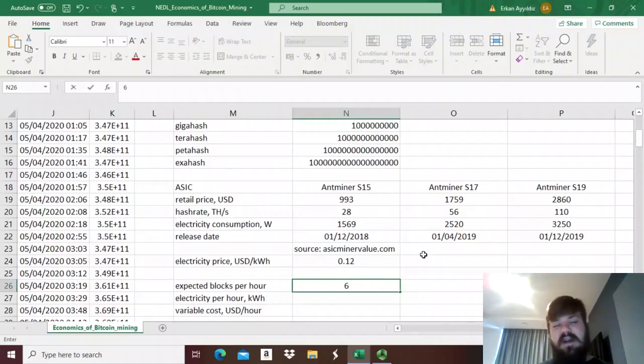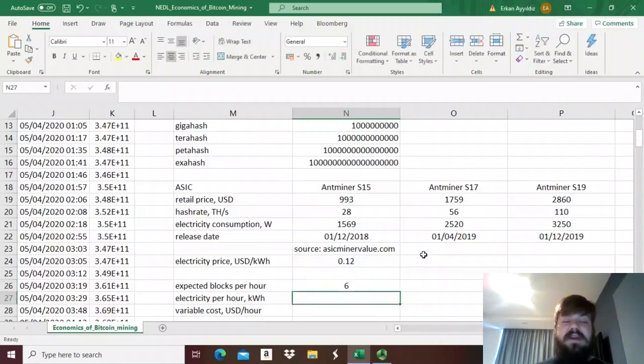Because regardless of what the hash rate would ultimately be, the difficulty would adjust so as to keep with this long-term target. Then we need to figure out how many kilowatt hours of energy we would consume using each of those three ASICs. So that's also easy to figure out.